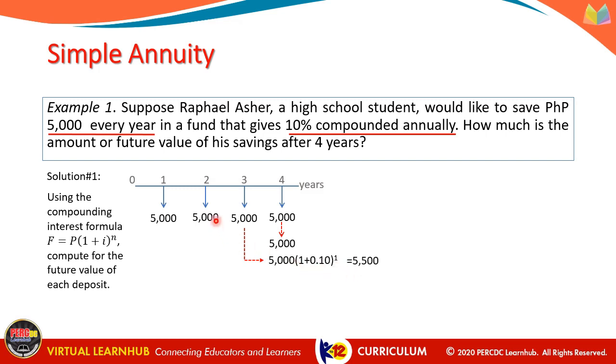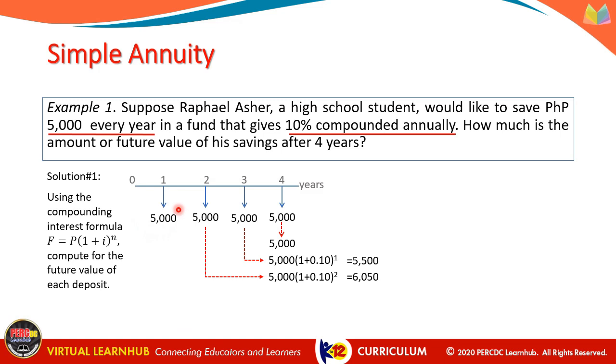5,500. This 5,000 pesos deposited on the second year will become 5,000 times 1 plus 0.10 raised to 2. We just use this formula again. Okay, from the second to the fourth year, we have two intervals. That's why we use 2 for the exponent. Okay? 5,000 times 1 plus 0.10 raised to 2, that is equal to 6,050.